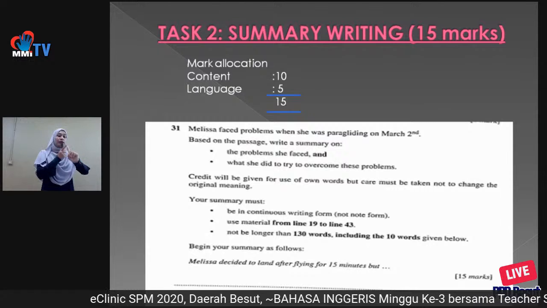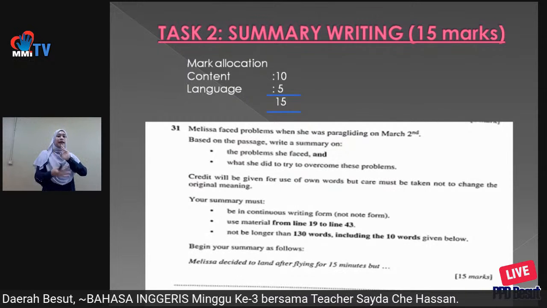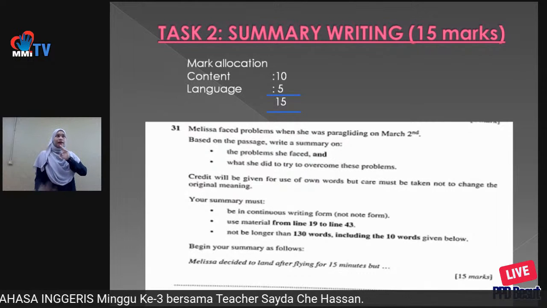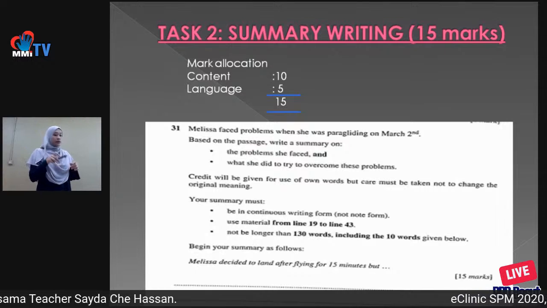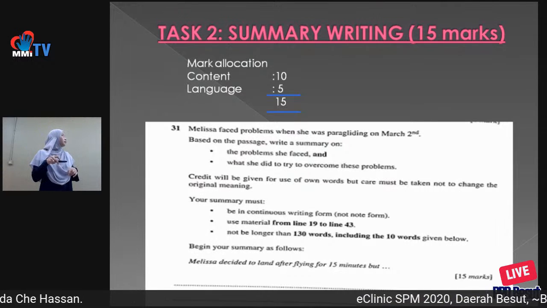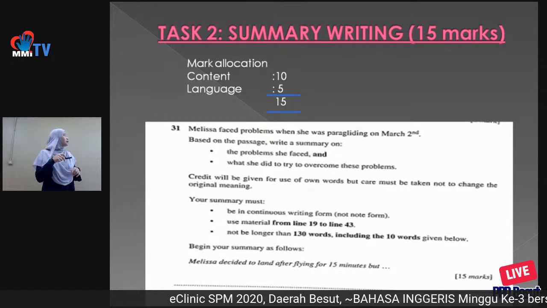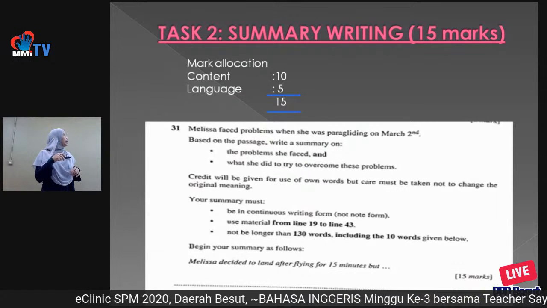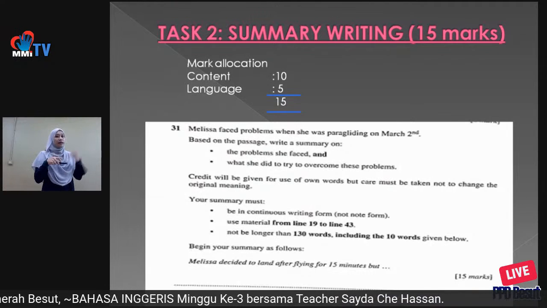But then only one question or two question, but then for these two question, there are more than 10 answers. Okay? Gitu je lah konsep dia, yang senang nak faham. Okay, so you have to answer these questions for your summary. Okay, so cari jawapan untuk soalan ni je dalam passage nanti, underline and then copy balik lagi.